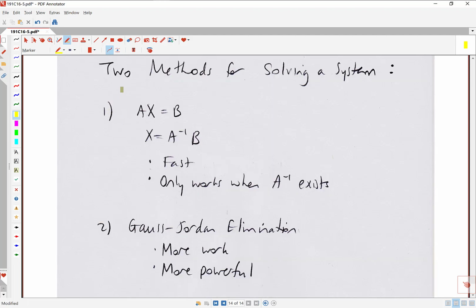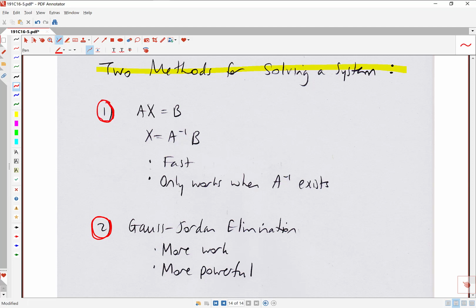Since we're now at the end of chapter 16, I wanted to talk about the 2 different methods that we've seen for solving a system. So the first method involves using the inverse matrix, and the second method involves what we did in this video, which is the row operations, or Gauss-Jordan elimination, you could say. So let's look at the first approach.